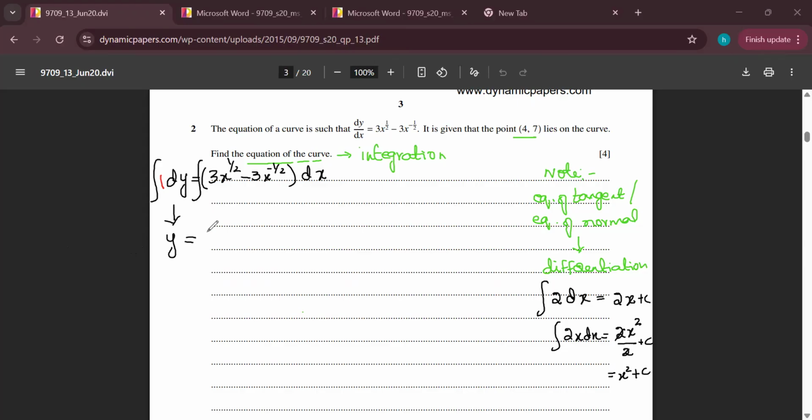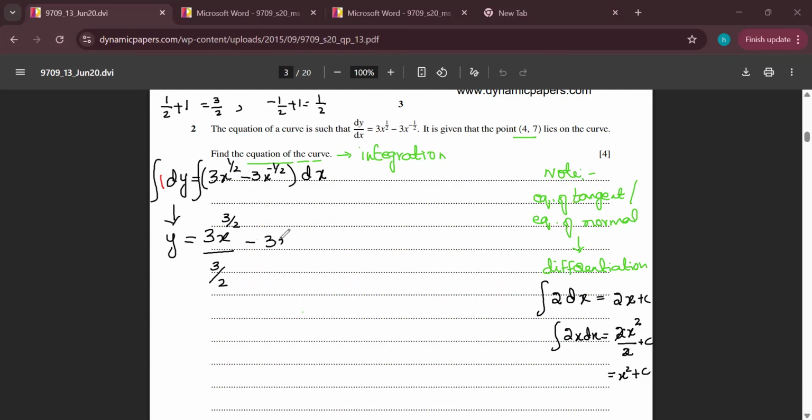So this will become 3x to the half. Now look over here, half plus 1. You should be very good in calculations. Half plus 1 is 3 by 2. Minus half plus 1 is 1 by 2. So 3x to the half plus 1 will become 3 by 2, and I will divide by 3 by 2, the new power.